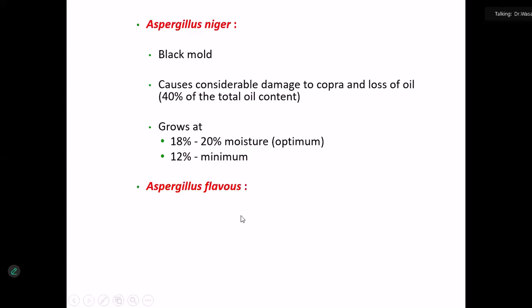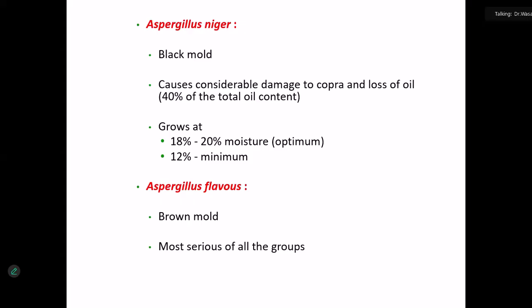Third one, Aspergillus flavus. That's the most dangerous one. It is brown in color. Earlier white, then black, then brown. That's the most serious of all the groups. If I ask in the exam, the most serious fungal attack on copra is Aspergillus flavus.